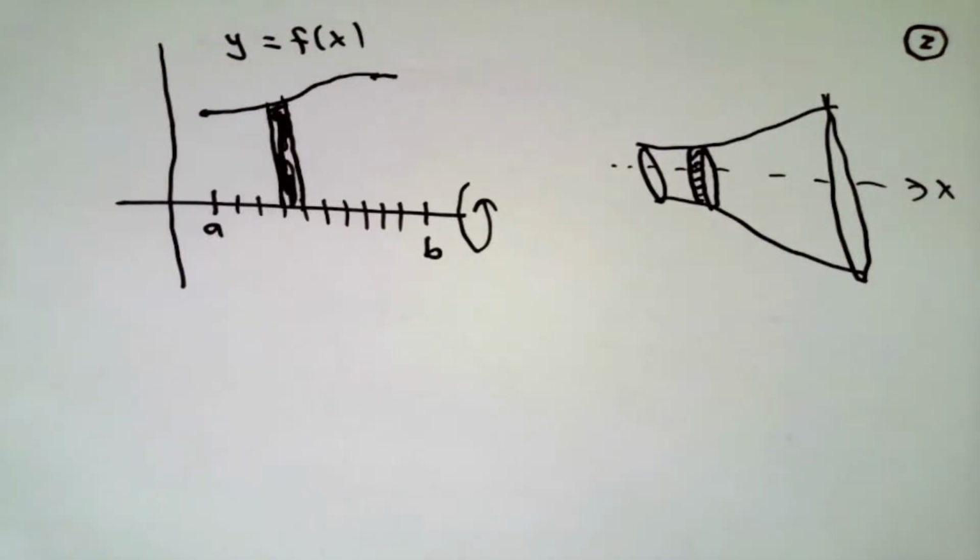The only thing I have to worry about is to identify the radius and the perpendicular height. Since I've divided the x range up into smaller pieces, I'll have lengths delta x1, delta x2, and so on. Generically, I'll just think of one of them as being delta x number j. The shaded in strip will generate the indicated disk.